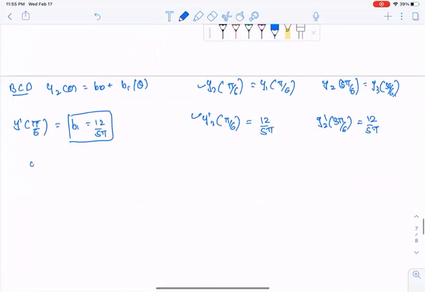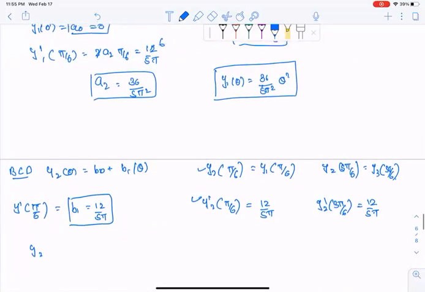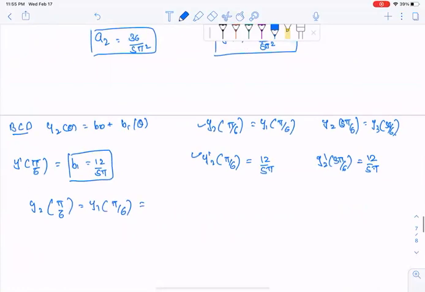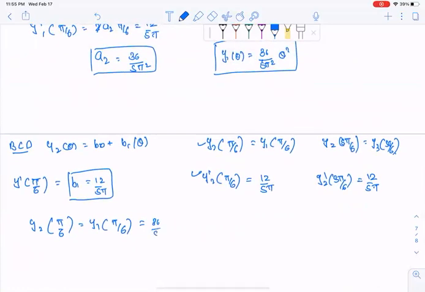Now we can calculate the value of b2, value of b0. y2 of pi by 6 is equal to y1 of pi by 6, and that is equal to 36 upon 5 pi square from the previous function into theta square. So that is 36 by 5 pi square into pi square by 36, which is equal to 1 upon 5.